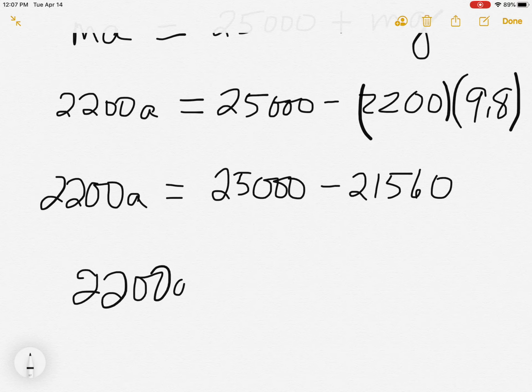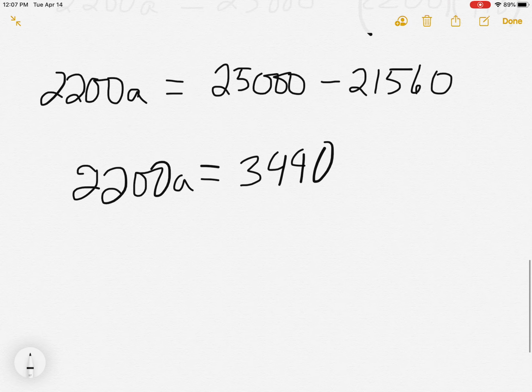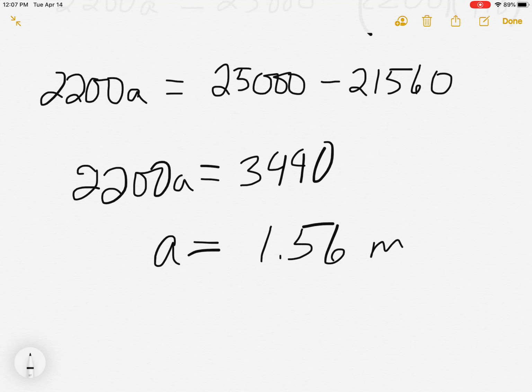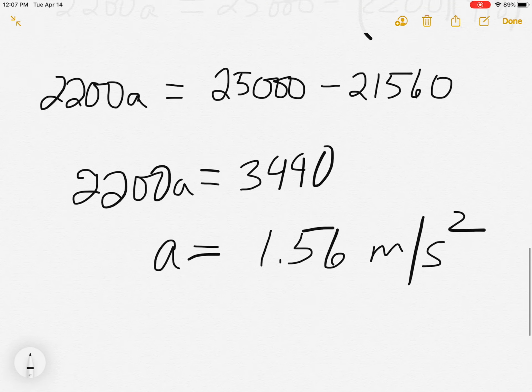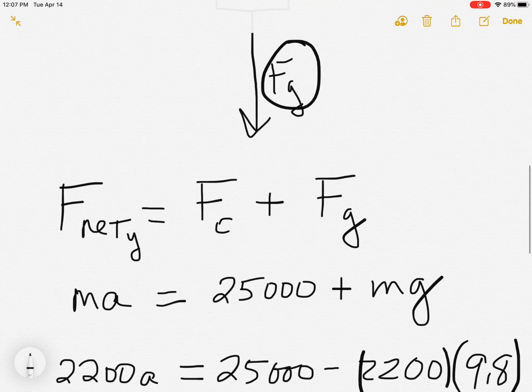That's going to give us 2200a equals 3440. And when we divide both sides by 2200, we get an acceleration of 1.56-ish meters per second squared.